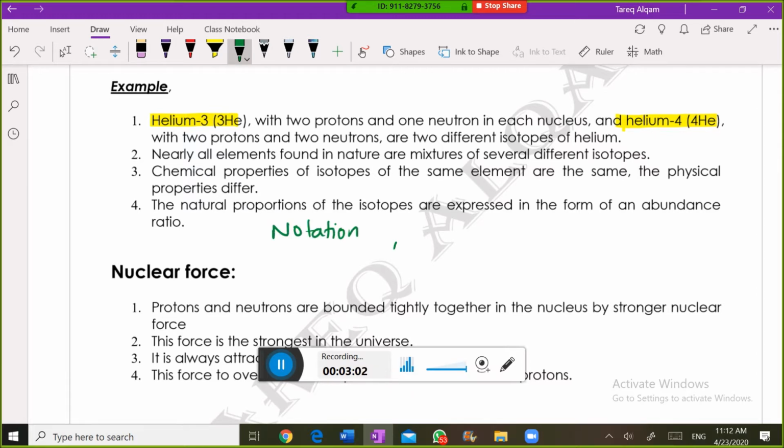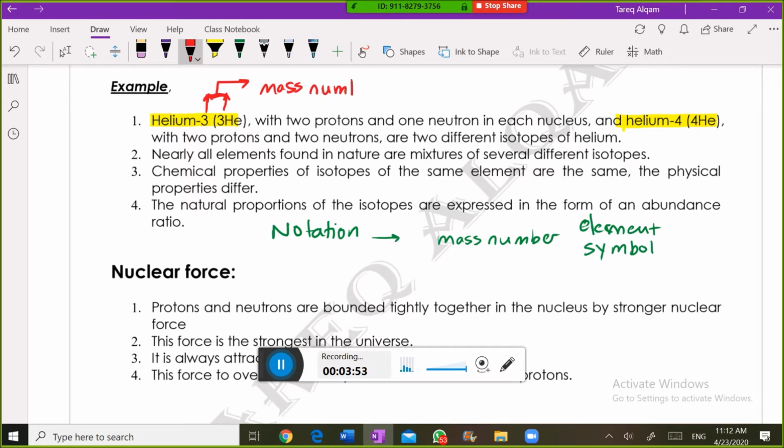In this notation, we always write the mass number. When we write, for example, helium 3, in this way or in that way, no matter, this means that the mass number is 3. If I write it like this, it means that the mass number, or nucleon number, is 4.